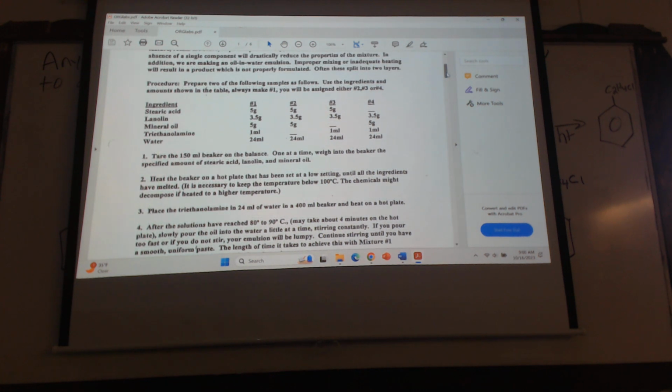Lanolin is probably the most annoying aspect that you have to add because it's an animal fat, really, is what it is.